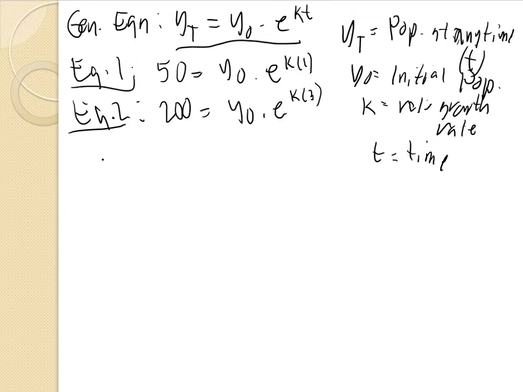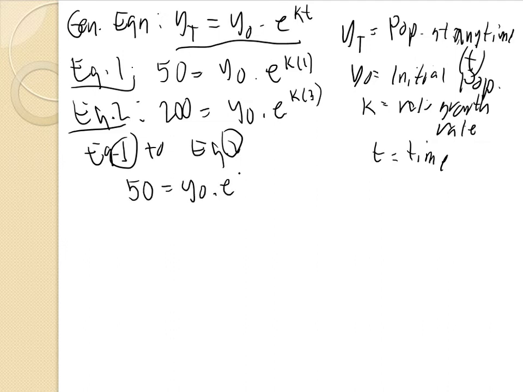Okay, using equation 1, we substitute equation 1 to equation 2. Equation 1 is 50 equals y sub 0 times e^k.